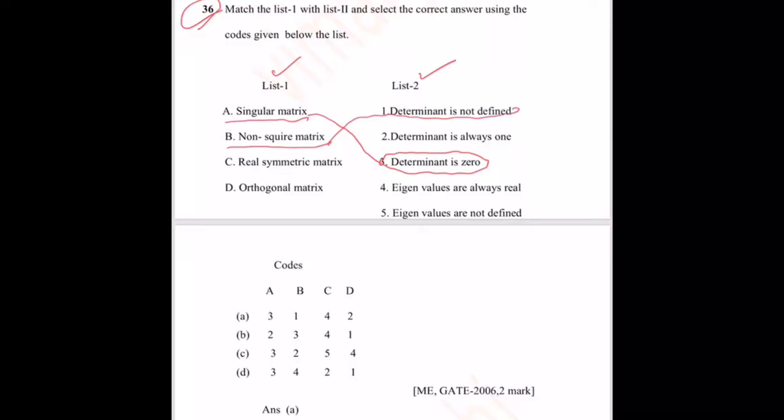This is true. Then real symmetric matrix: the eigenvalues are always real. Then orthogonal matrix: determinant is always 1. That is, answer A is correct.